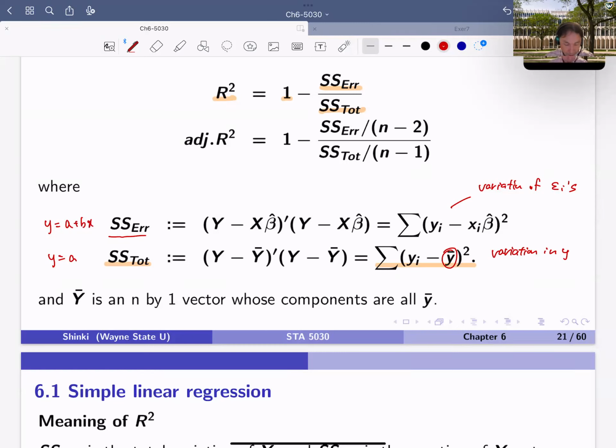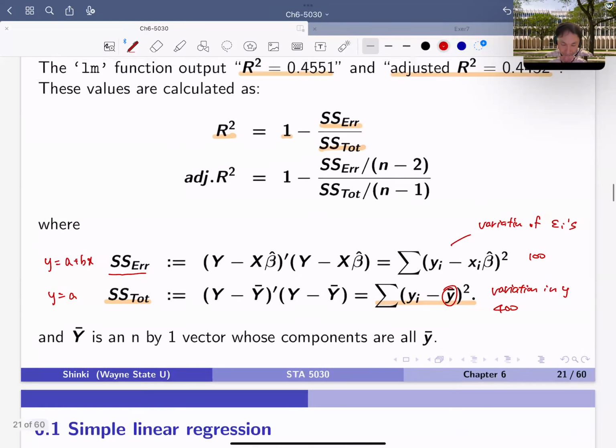For example, if SS total is 400 and SS error is 100, then error has been reduced by 75%. That means the variable x explains 75% of the variation in y. So basically this R square is the percentage of variation explained by x.